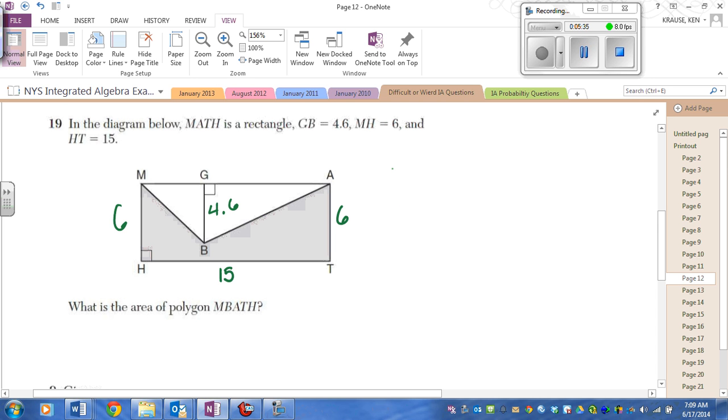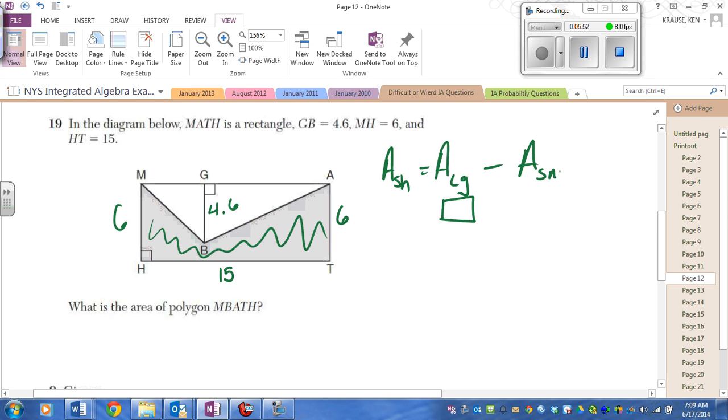So if I remember correctly, the area of the shaded region, which is all of this, is equal to the area of the large shape, which in this case is the rectangle, minus the area of the small shape, which is the triangle. So the area of the rectangle is equal to length times width, which is 6 times 15.